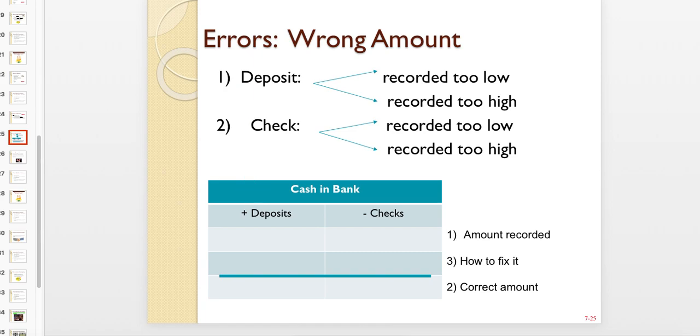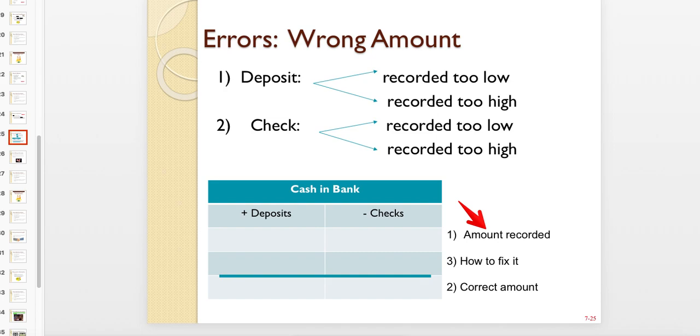So let's say there was a deposit for $100, but our accountant accidentally recorded it for, they missed a 0, they recorded it for $10. Okay, so what would happen is this. The first thing you need to do is put in the amount that was actually recorded.